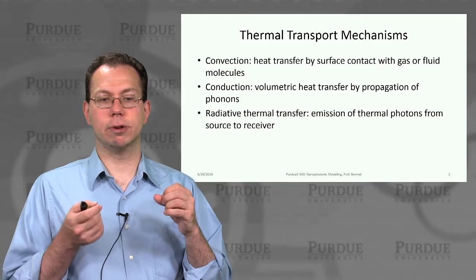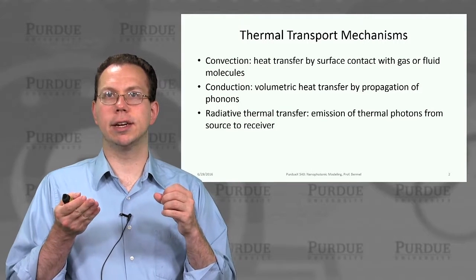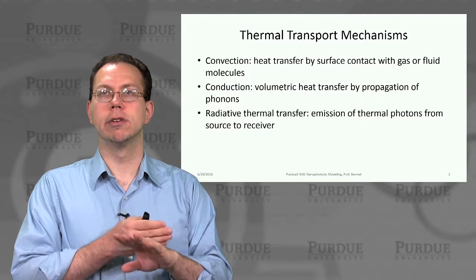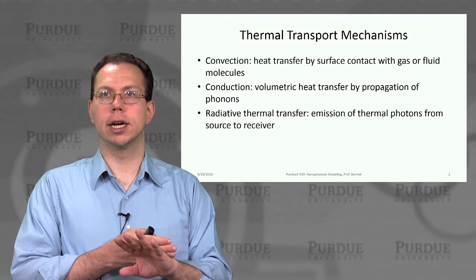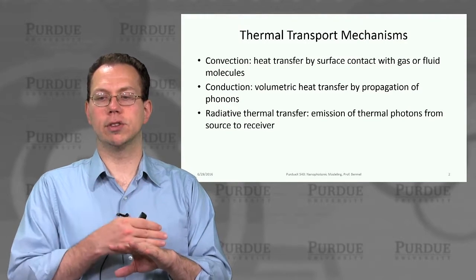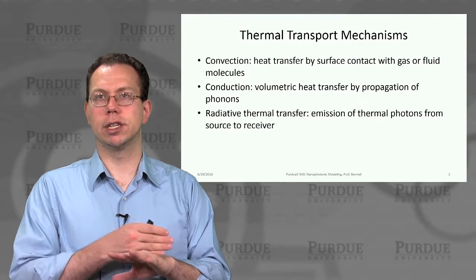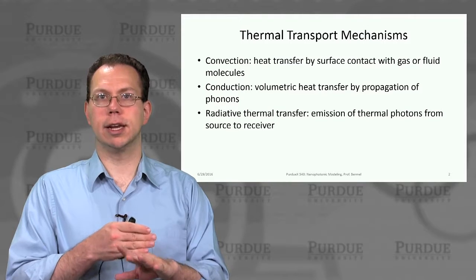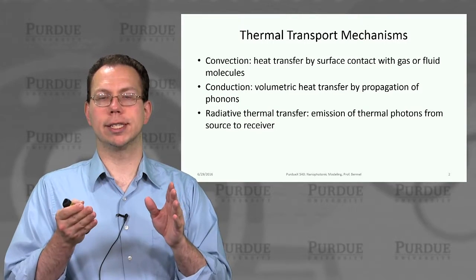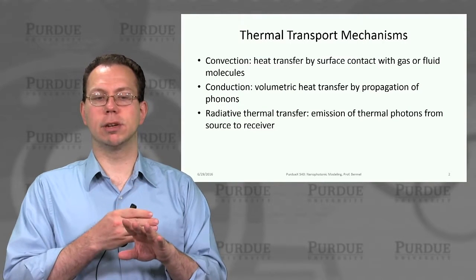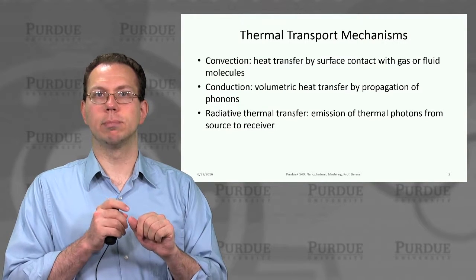And then radiative thermal transfer is more like when you stand in the sun on a sunny day and you feel your skin is warming from the sun shining onto it, because you not only have ultraviolet but also infrared radiation and visible, which is all being absorbed partially by your skin, depending on your skin tone, to more or less extent, and partially reflected. And then whatever's absorbed, of course, heats up your body.